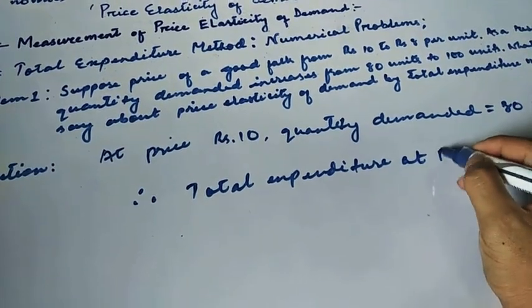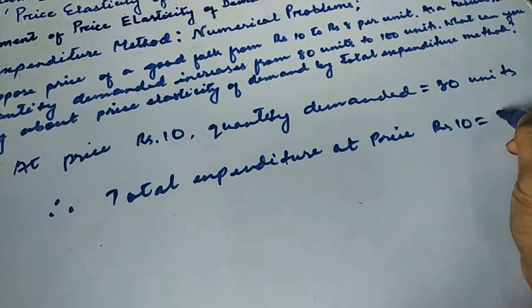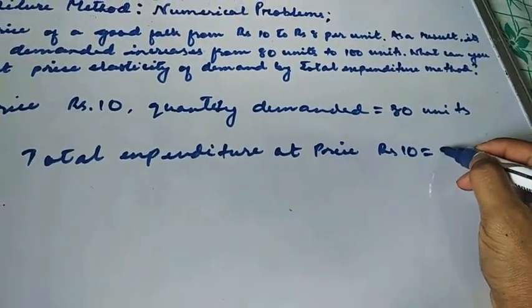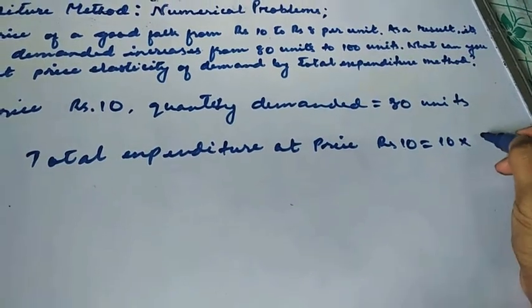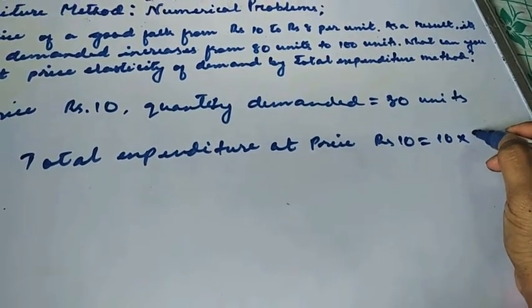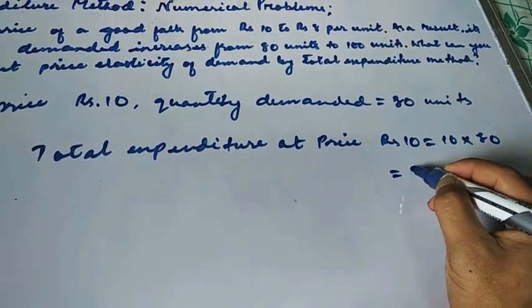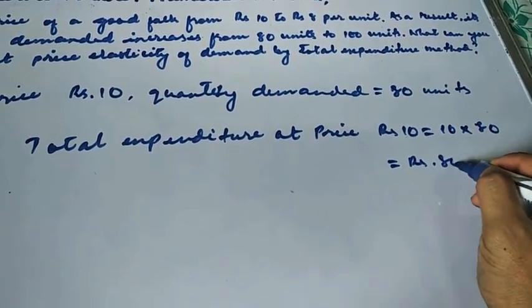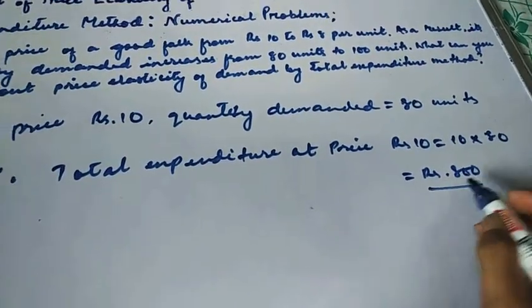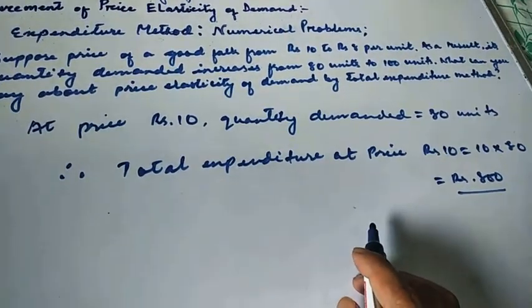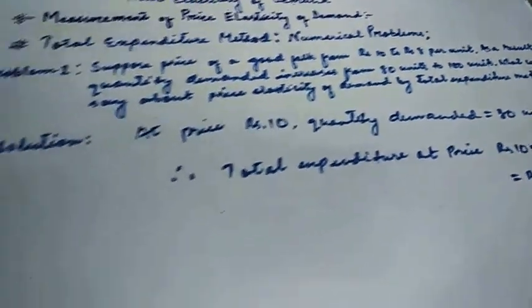Total expenditure at price rupees 10 equals price into quantity, that is 80 units. So total expenditure here is rupees 800. 10 into 80 is rupees 800. So at rupees 10, the total expenditure is rupees 800.